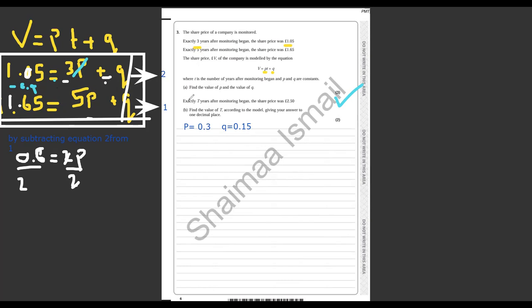Where T is the number of years after monitoring began. Exactly T years after monitoring began, the share price V was 2.5. Find the value of T according to the model, giving your answer to 1 decimal place.